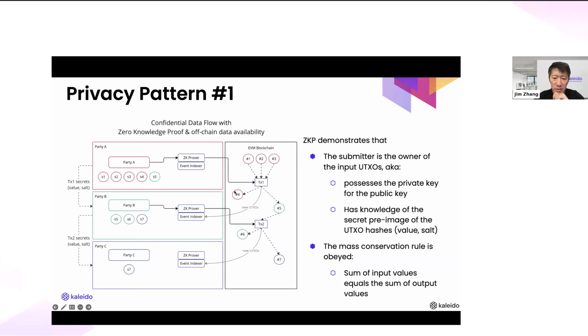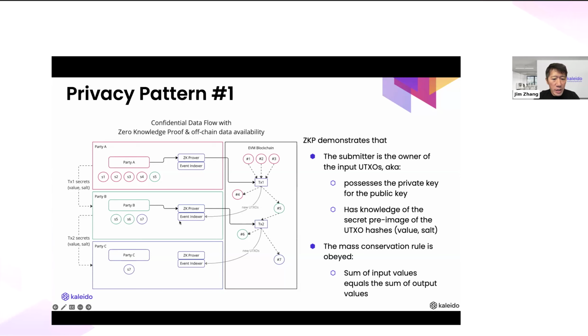Then within the smart contract, the Solidity code can look at transaction 1 and say, okay, I'm going to do a validation on the proof. If the validation is successful, then I'll let your transaction through. And when the transaction is committed, the new UTXO will be announced as an event.